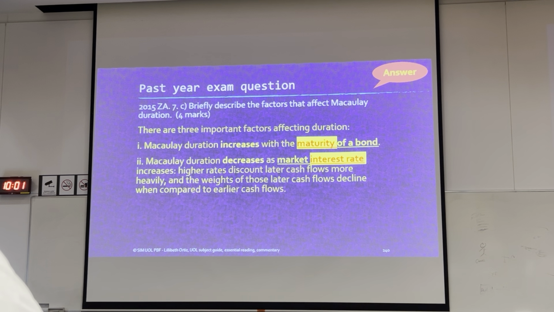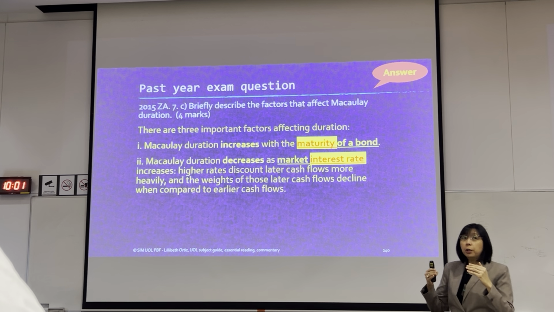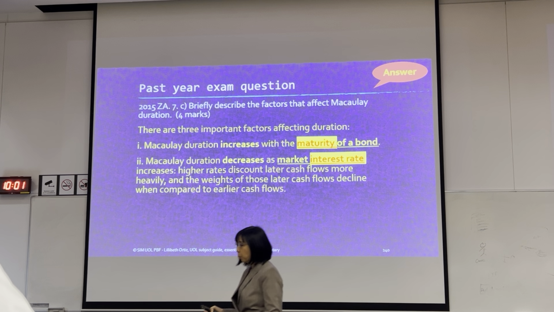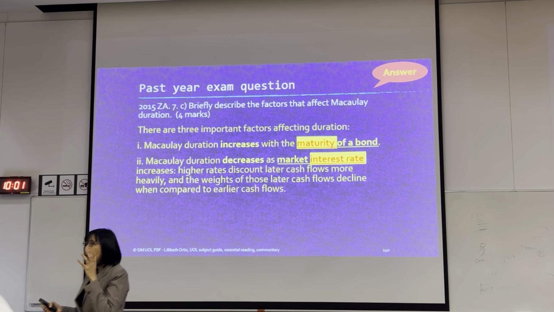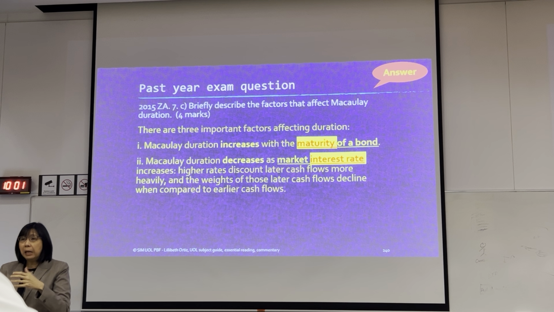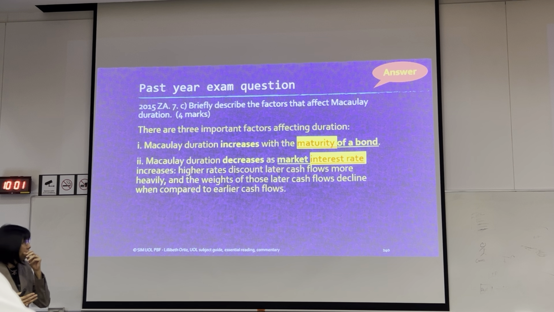But the Macaulay duration decreases with interest rates, right? So the higher the interest rates are, remember the interest rate is in the denominator, the more heavily you're discounting those cash flows, and so the duration itself decreases.